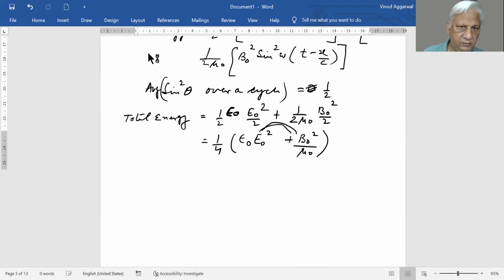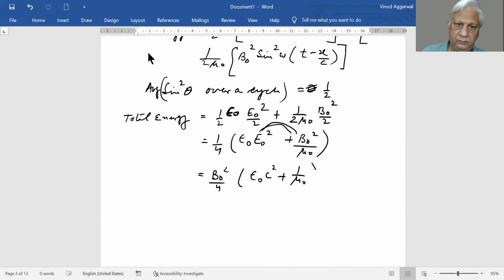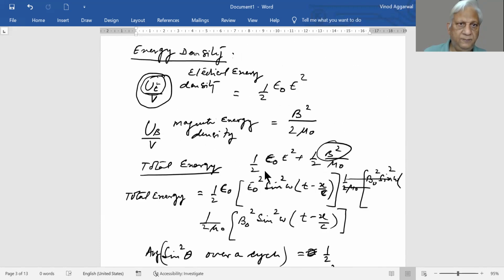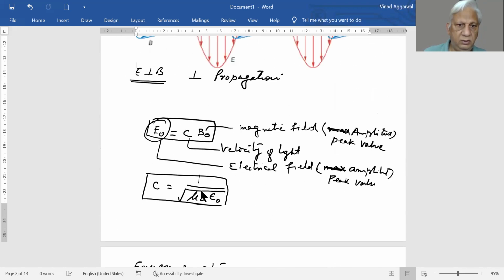So if we convert them into one field, then what we get is, let's convert it to magnetic field. Now we also know C square is given by this formula.